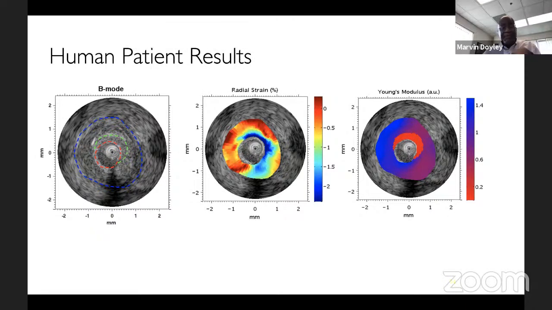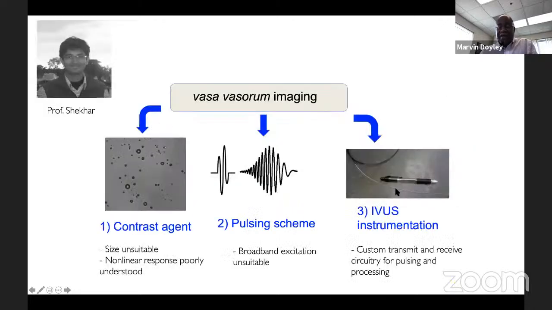Unlike the rabbit, which we can kill and do histology, we can't do the same thing with the patients. So we saw some differences between regions, but we can't say for sure if the values that we estimated there is truly what there should be there. So we're doing more animal studies to kind of confirm that.